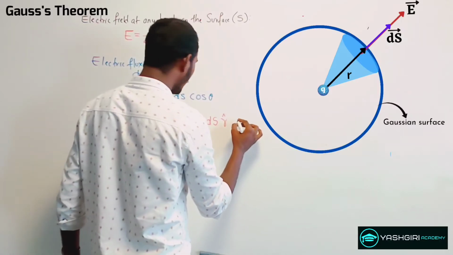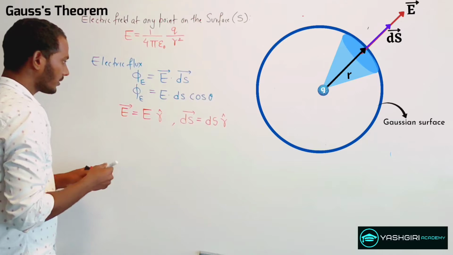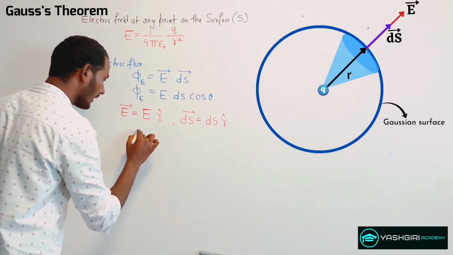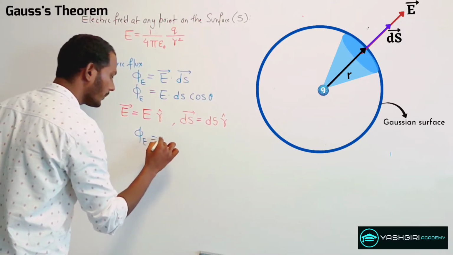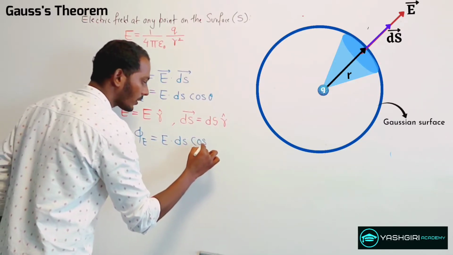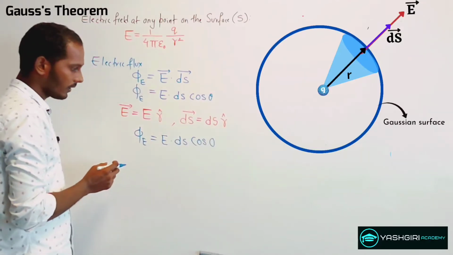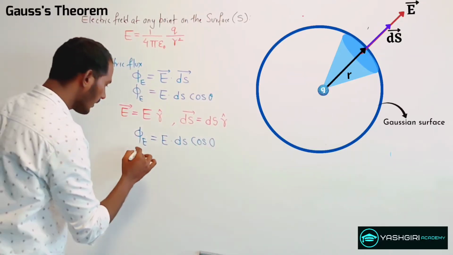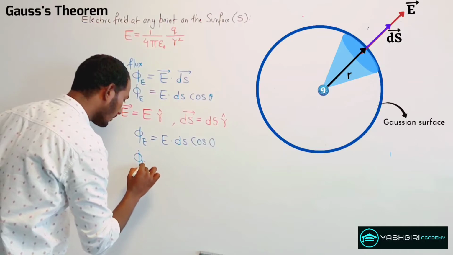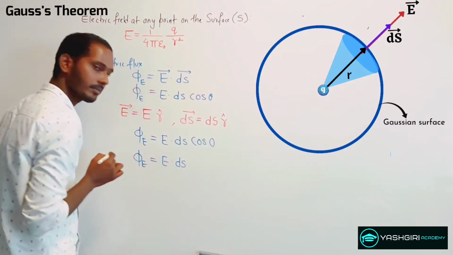So I can rewrite this expression: phi of E will be equal to E dot ds into cos of 0. The angle between both of these is 0. Correct? And cos of 0 is 1, and that will give me the flux equal to E dot ds.